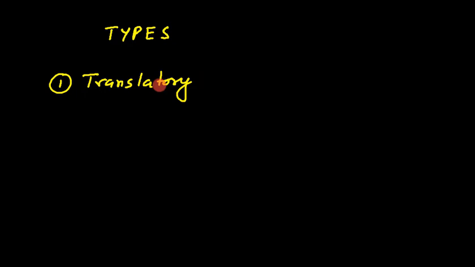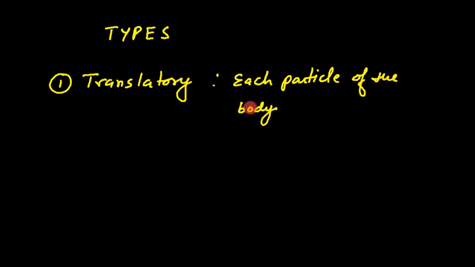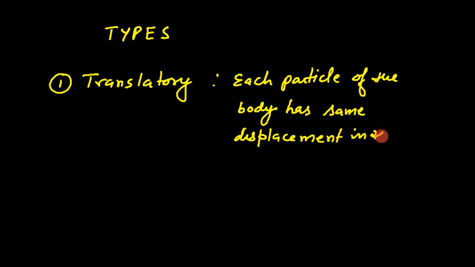So a body is said to have translational motion if each particle of the body has the same displacement in the same interval of time.